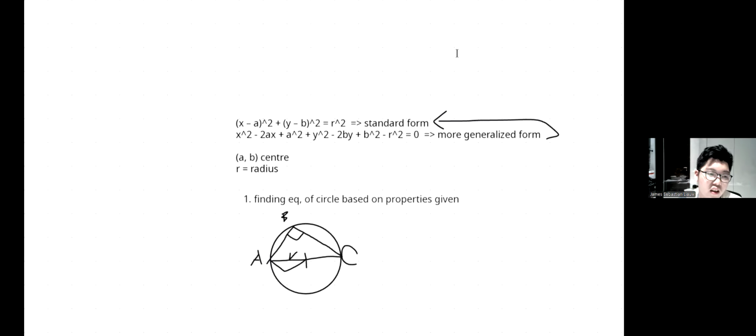The other type of circle problem of this type is basically you're given 3 distinct points. And from these 3 points, you'll have to find the equation of the circle.